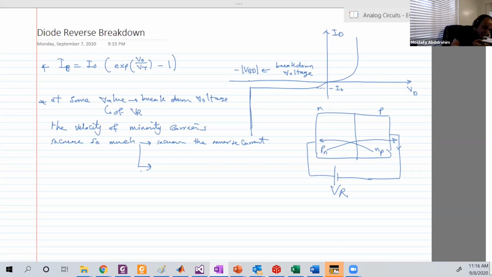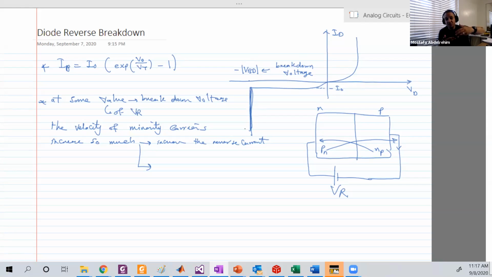That's why there is a very sharp increase in current, as you see here. Because now it's not the minority carriers alone and their high velocity. They also generate new carriers by hitting other atoms and freeing other charges.